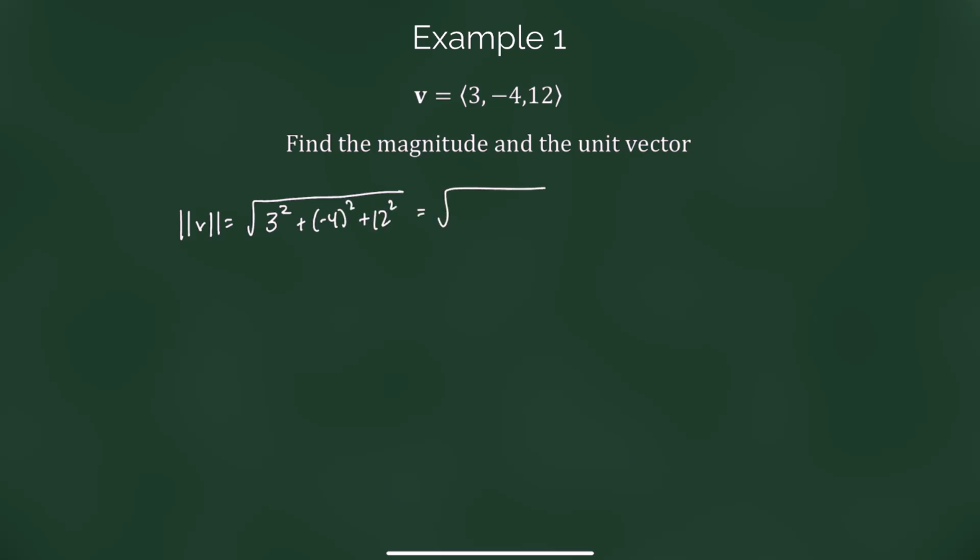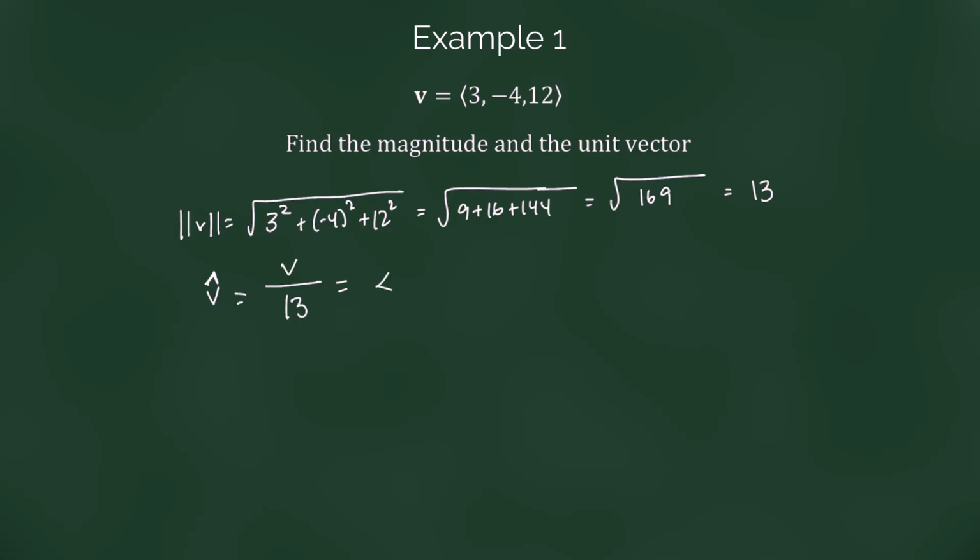So that is 9 plus 16 plus 144, which is 25 plus 144 is 169, and the square root of 169 is 13. So this is a vector with magnitude 13. That means that its corresponding unit vector is going to be the vector v divided by 13, which means we divide the components by 13. So we get 3/13, negative 4/13, and 12/13.